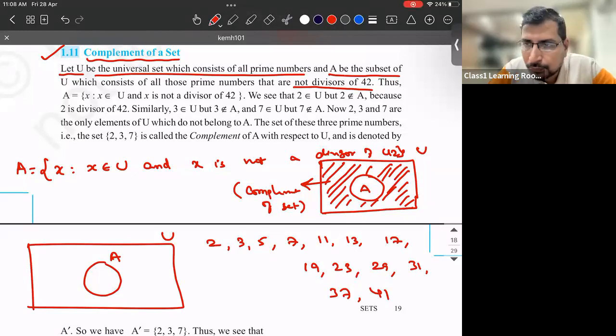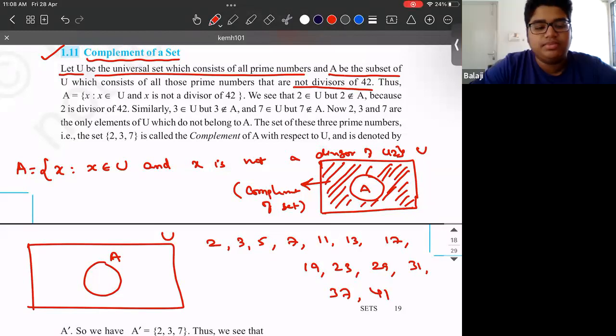After this, I'm not writing because we need divisors of 42, and the highest divisor of 42 will be itself.